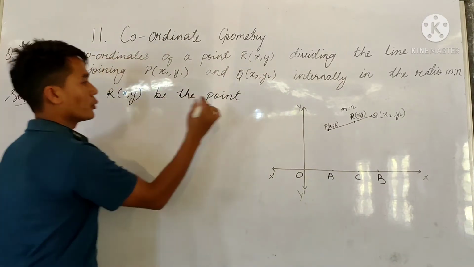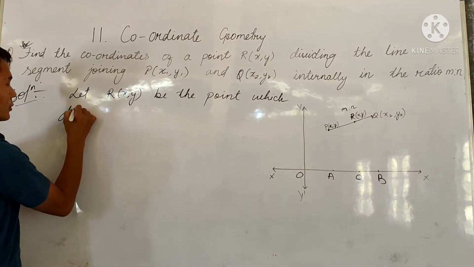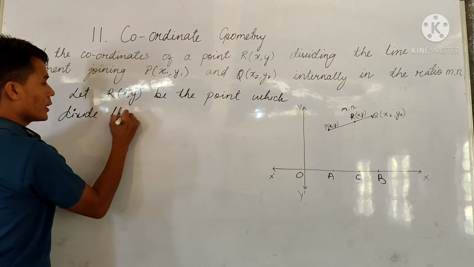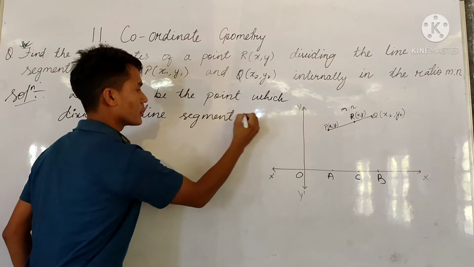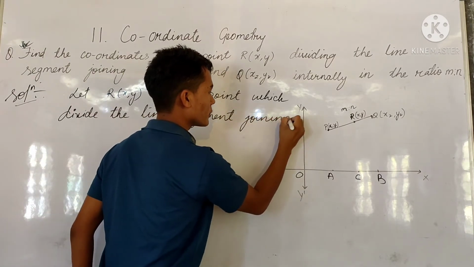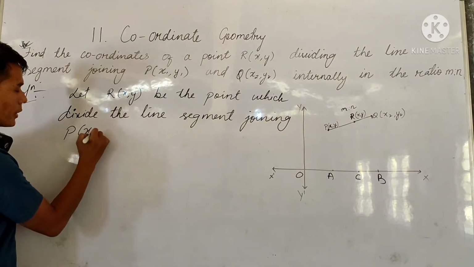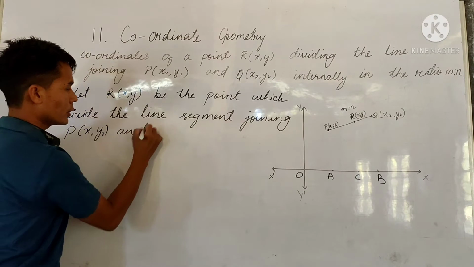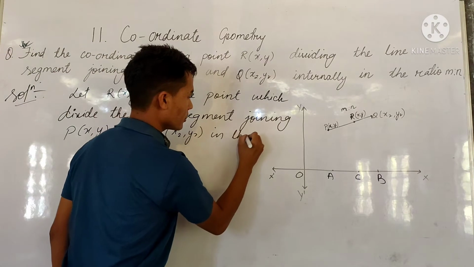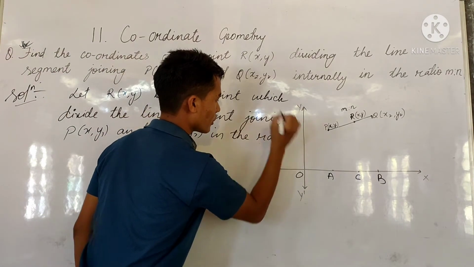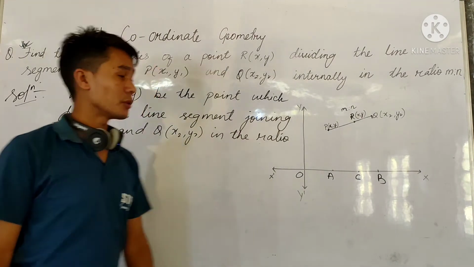So let R be the point which divides the line segment joining P(x1, y1) and Q(x2, y2) in the ratio m:n. This is the first part of the solution.